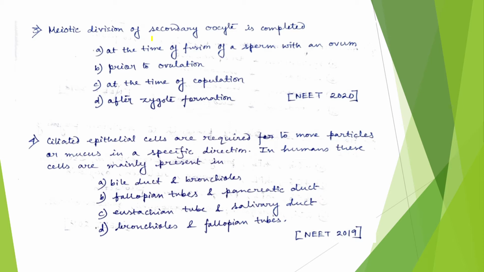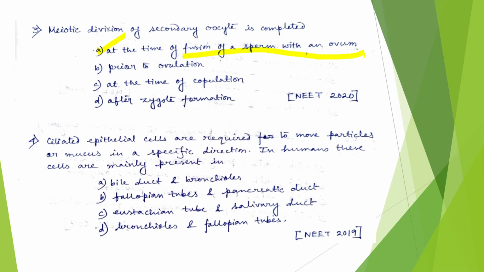When a sperm enters the secondary oocyte, then meiosis 2 gets completed. So the correct answer would be at the time of fusion of a sperm with an ovum. It is not prior to ovulation, not at the time of copulation and not after zygote formation.